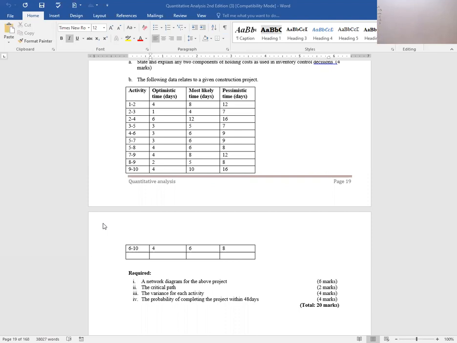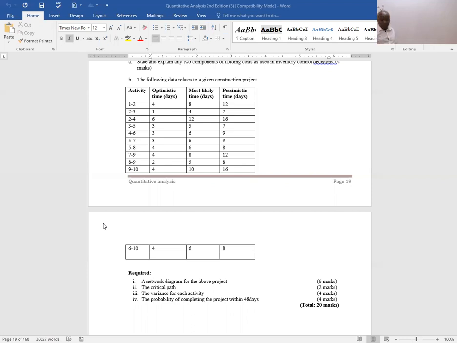After that, we have 5, 8 and 7, 9. From there, we have 8, 9. And then we have 9, 10. And then lastly, we have 6, 10. So this will be A, B, C, D, E, F, G, H, I, J, K.